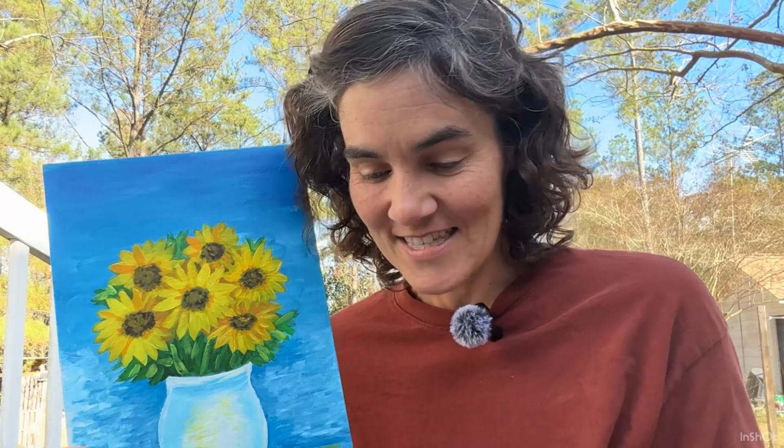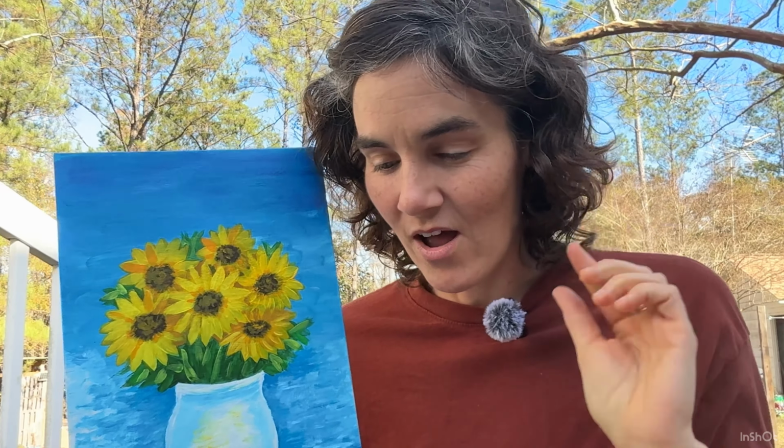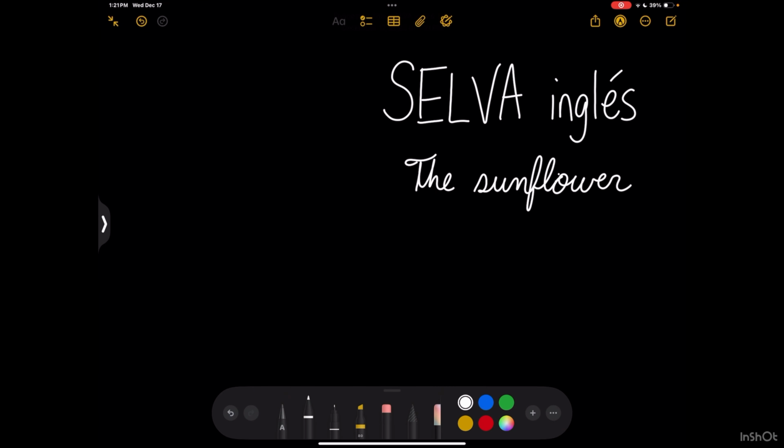Okay, I think that's it. Let's just go over everything one more time. So I'm going to do a review right here on the screen so you can see all the words written with a little drawing. So we're talking about the sunflower, and all sunflowers have a very long stem.